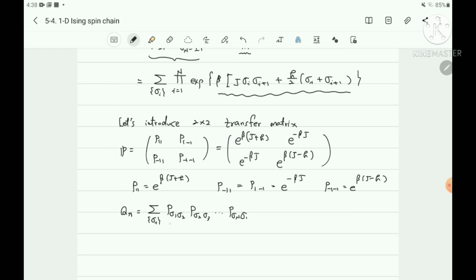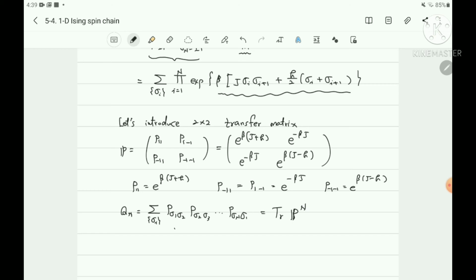It is a product of the transfer matrix, and therefore this matrix can be diagonalized. Therefore, the summation becomes a trace of the P matrix, and we know that it is P to the n.